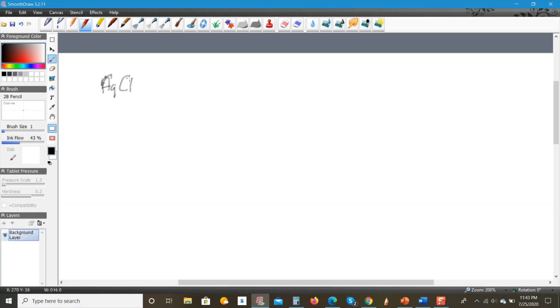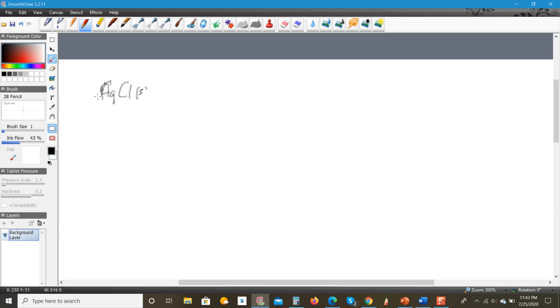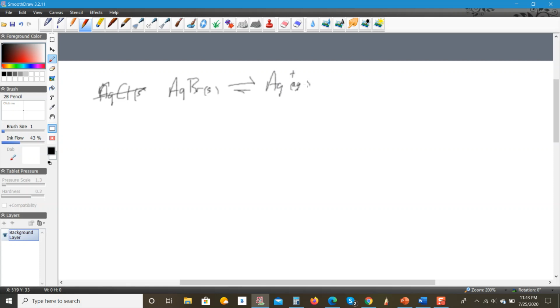AgBr solid, I'm sorry, silver bromide, not silver chloride. AgBr solid when added to water, you're going to get Ag plus aqueous plus Br minus aqueous. All right. And the Ksp value for silver bromide is 7.7 times 10 to the minus 13.